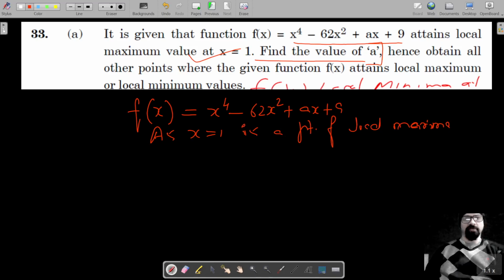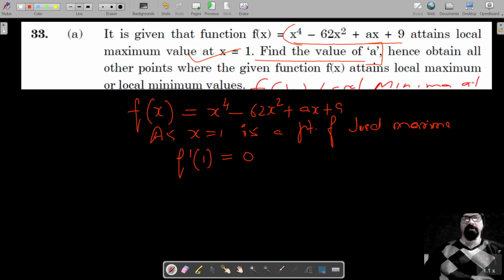And we know that for the critical points of local maxima or minima, the derivative at that point is equal to 0. So f dash 1 should be equal to 0. Now let's find out f dash 1.